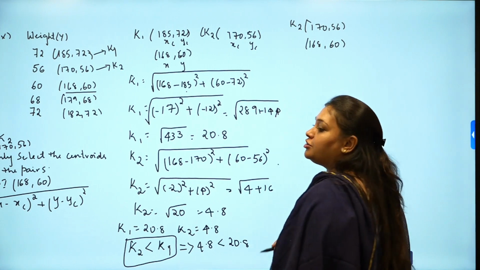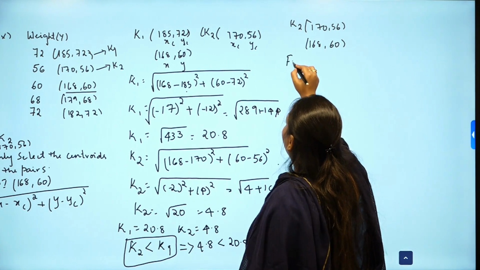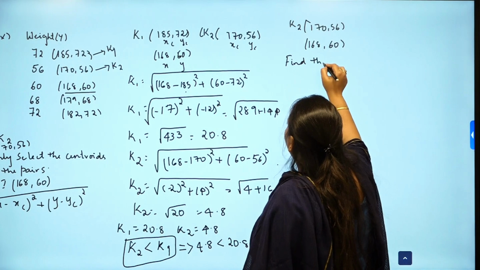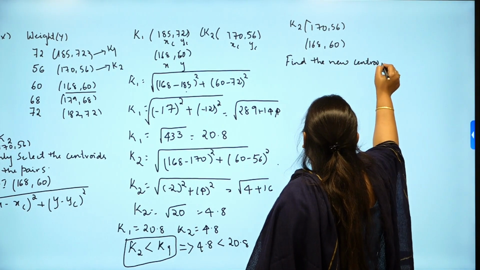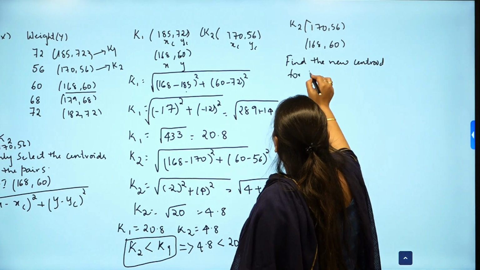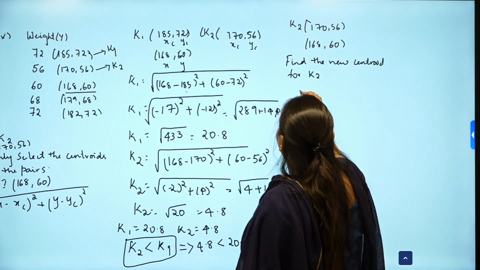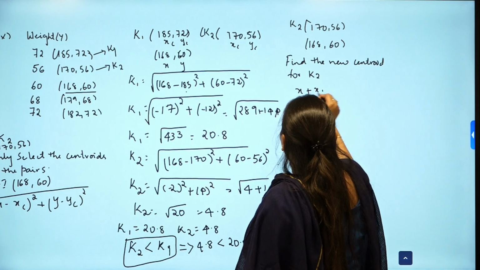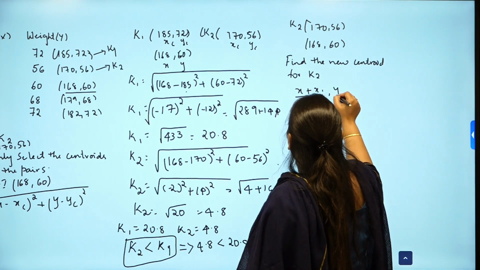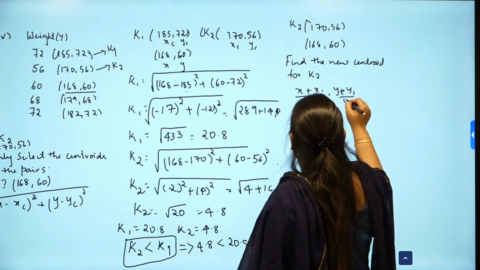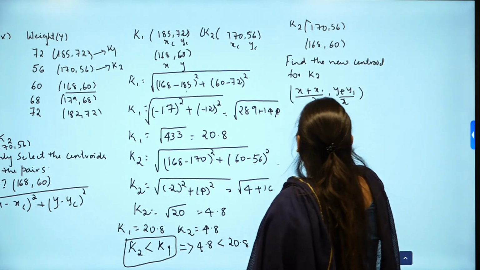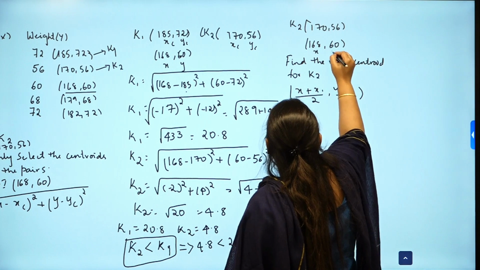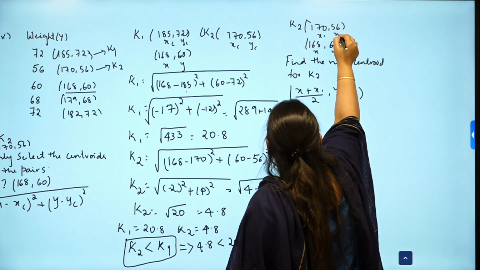So now you are going to find the new centroid for K2. So what is the formula? X plus x1 by 2 comma y plus y1 by 2 gives me the value of the new centroid. Now this is x, this is y, this is x1, this is y1.